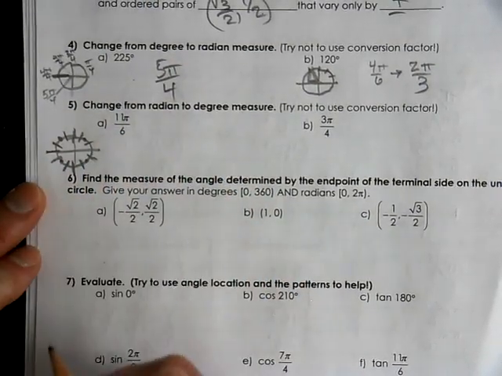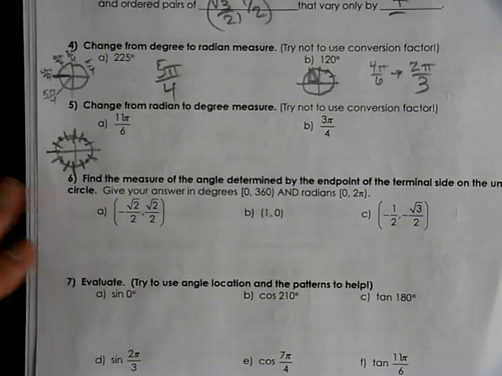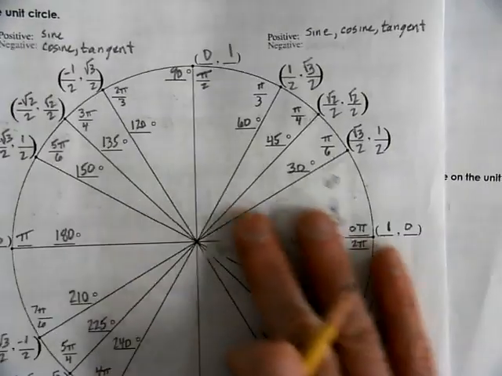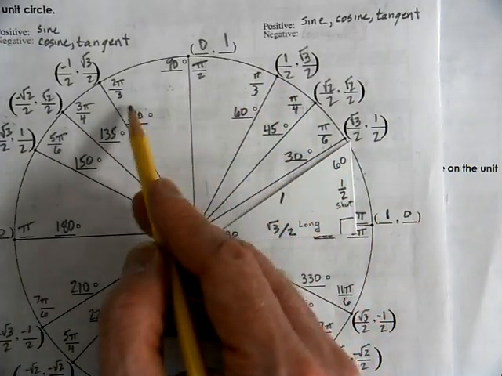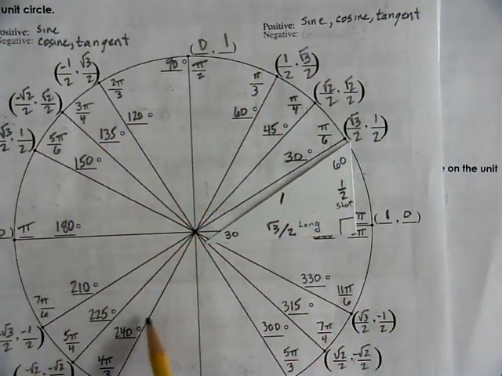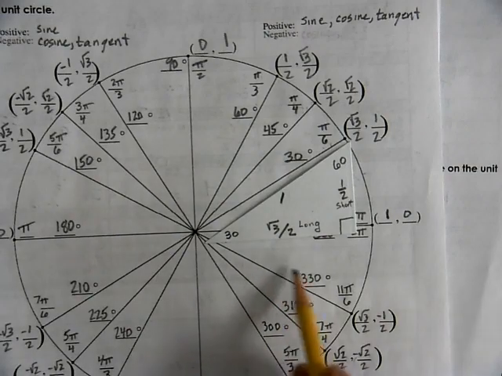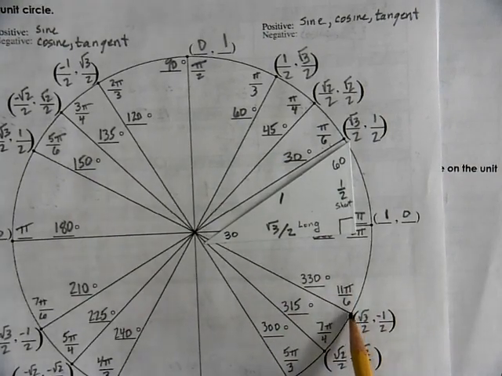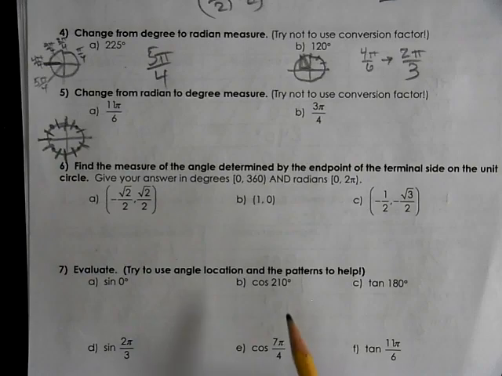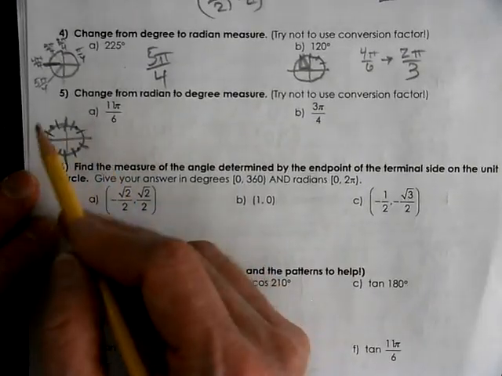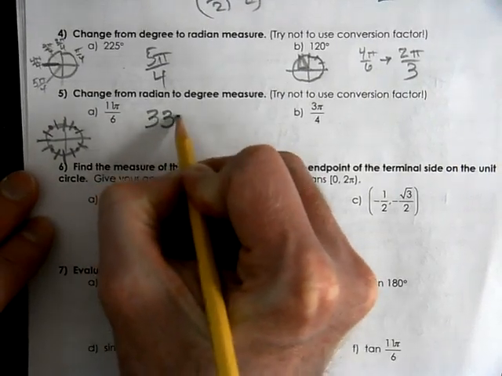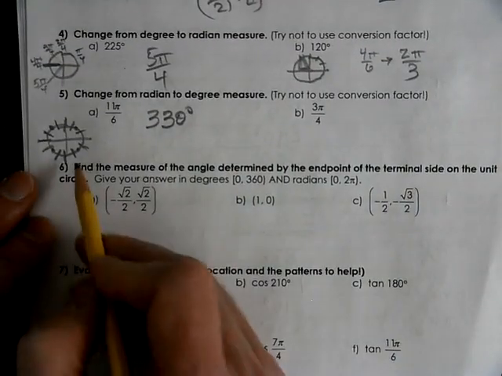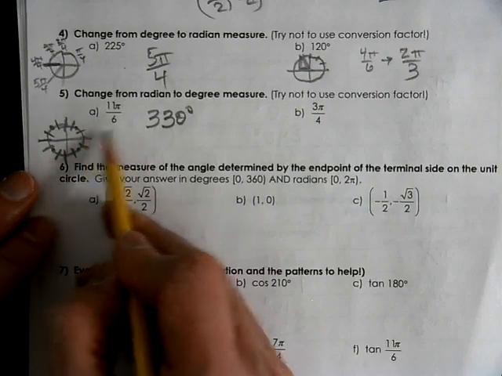That's always the multiple of 45. So we skip that one. 1 over 6, 2 over 6, 3 over 6, 4, 5, 6, 7, 8, 9, 10, 11 pi over 6. I didn't just look at the chart. I determined it by counting. So that's 330 degrees. That's 30 degrees away from 360.